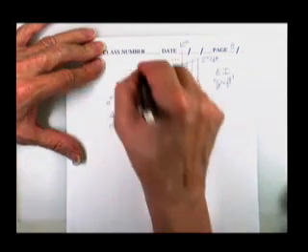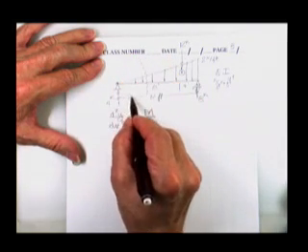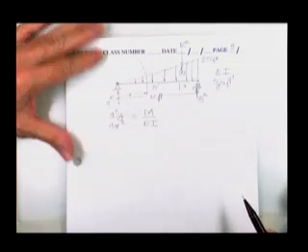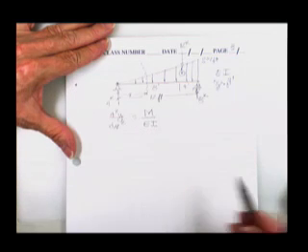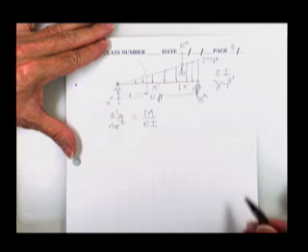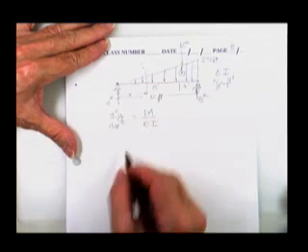How I find the moment is I come in here and I cut through the beam at X. X can be measured from either end. X can be measured from down here somewhere if you find it would be more convenient for you. Well, that's pretty much up to you. I'm going to measure X from the left end.